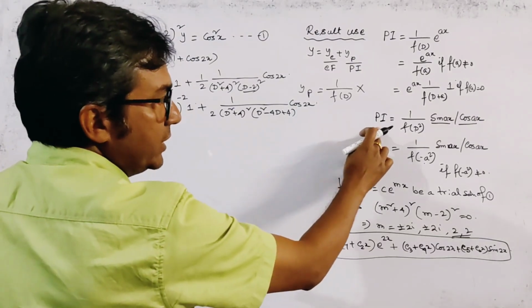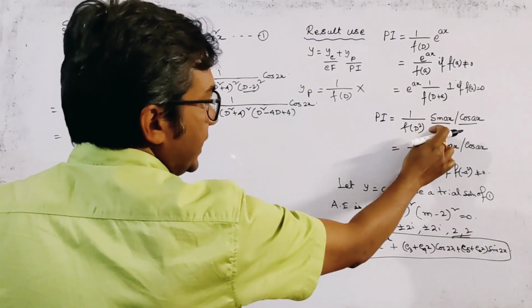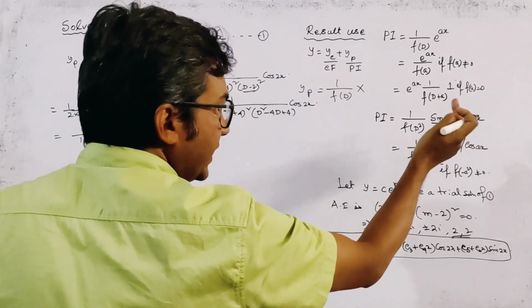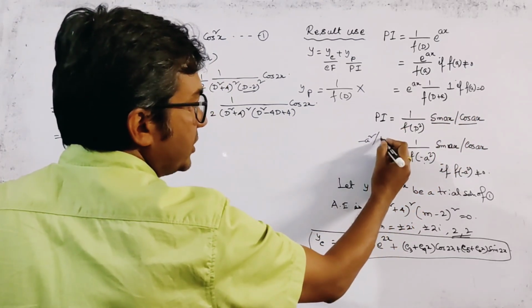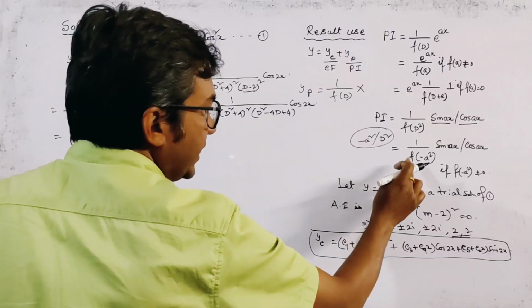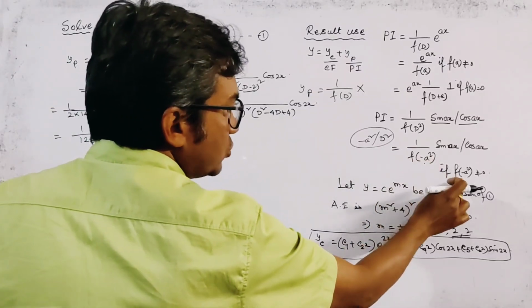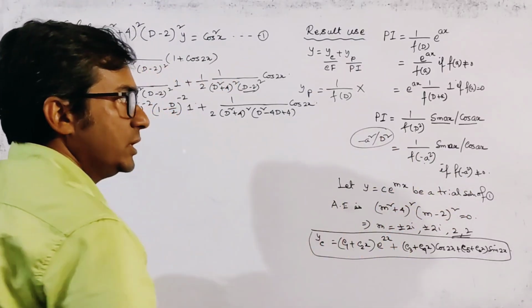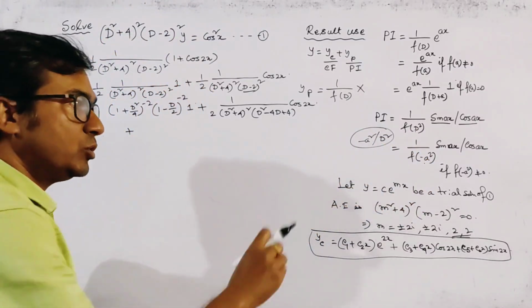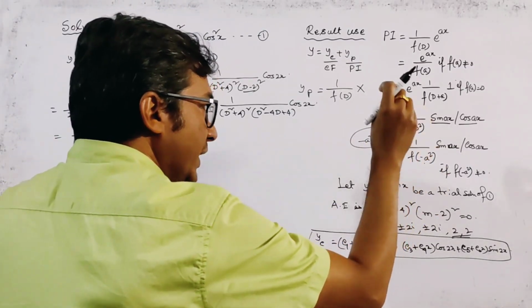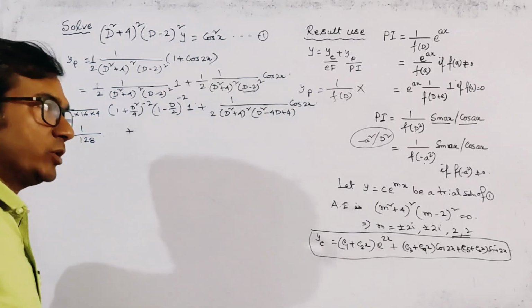Here we wrote already, if there be sin ax or cos ax, and if we put minus a square in place of d square, and if f of minus a square is not 0, then we can put this, but if this is 0, then we cannot put minus a square in place of d square.